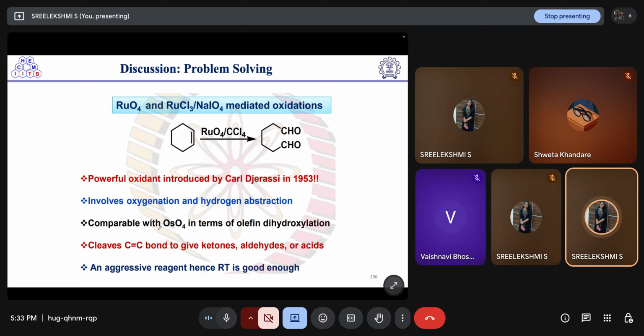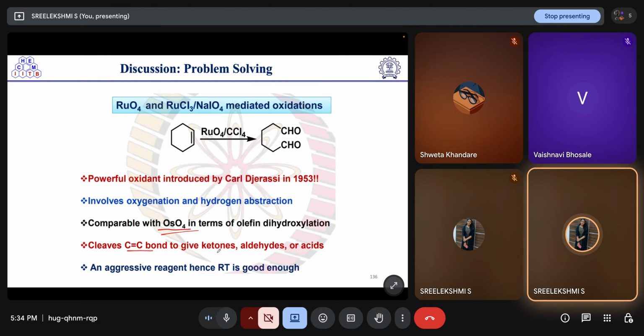The mechanism is comparable with osmium tetroxide in terms of olefin dihydroxylation. That's why I said the first step will be the conversion of the alkene into the corresponding diol, then carbon-carbon bond cleavage to give ketones, aldehydes, or acids.